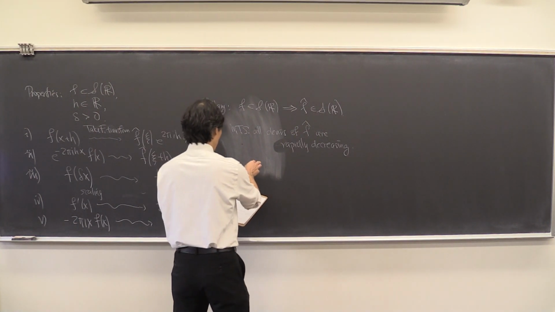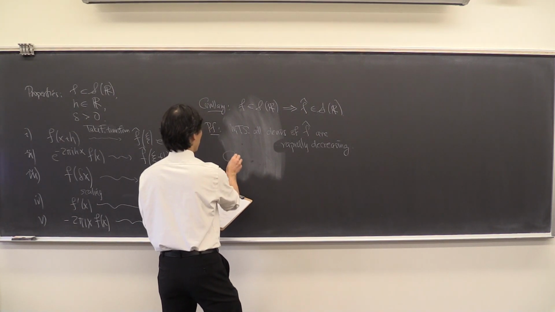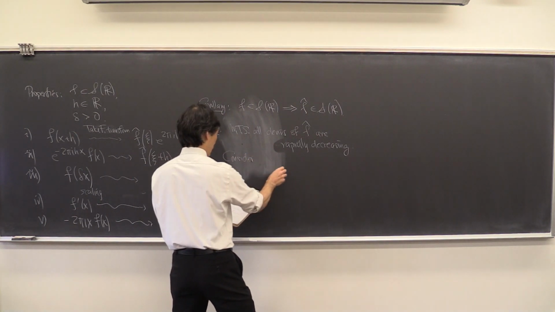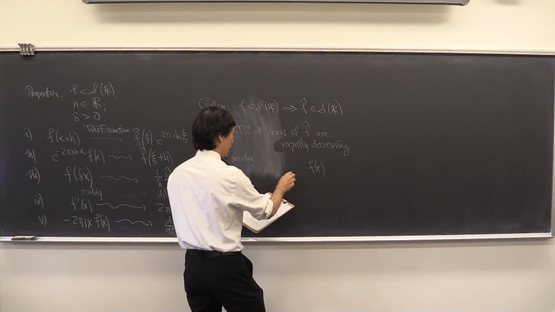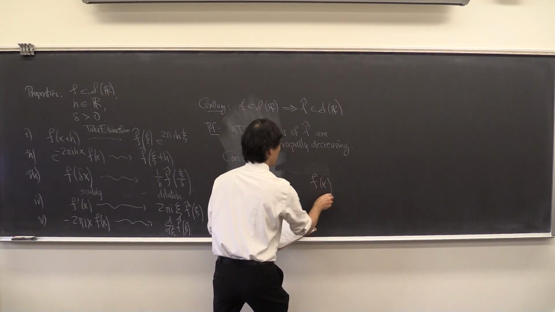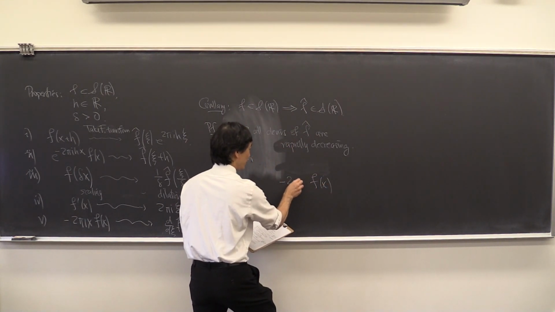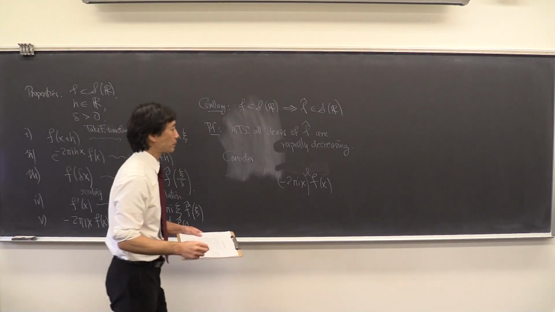So you say, well, look, consider your function multiplied by negative 2 pi i x to the L. Okay.